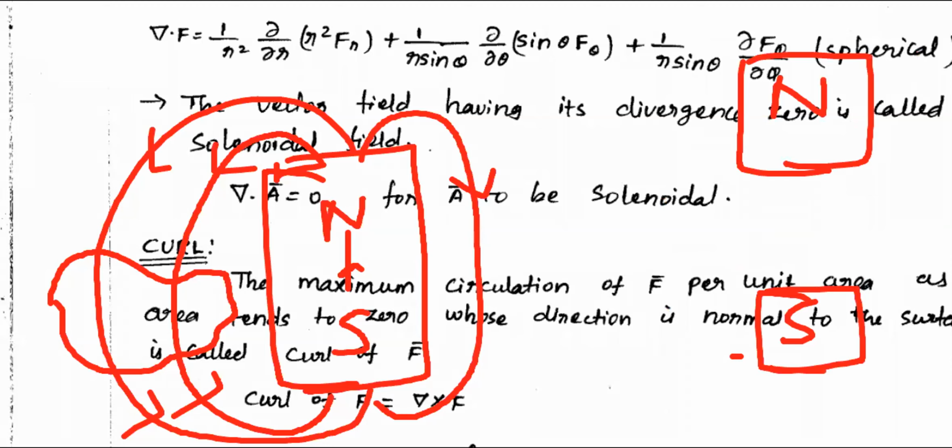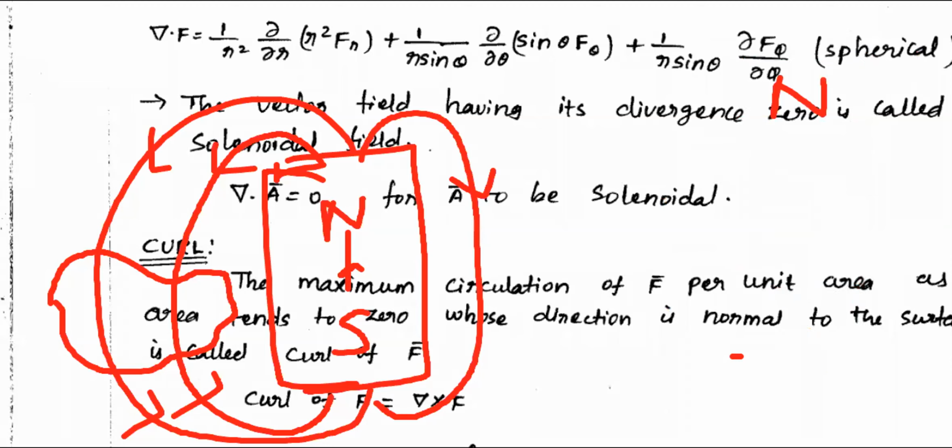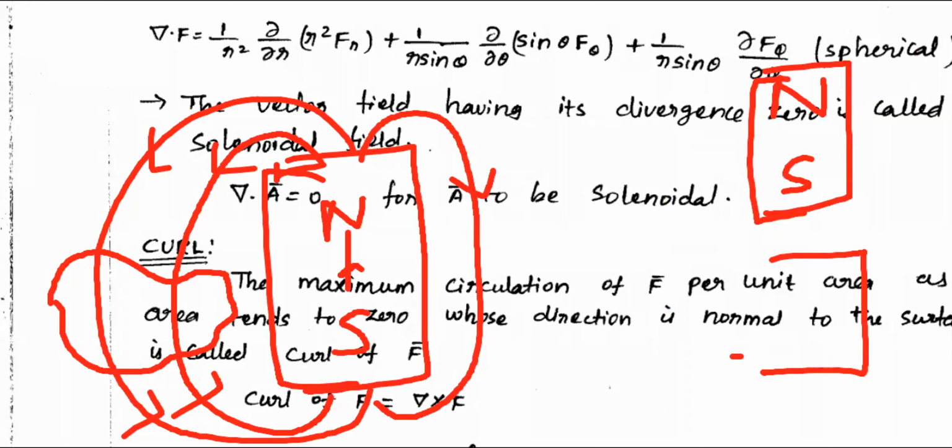From your experience, you know that even if you cut the magnet, it will form its own N and S. So again, still the divergence is 0. Once it consists of N and S, still the divergence is 0.